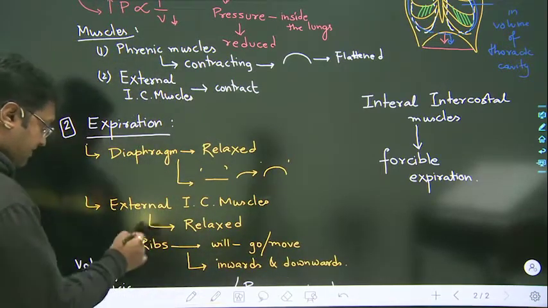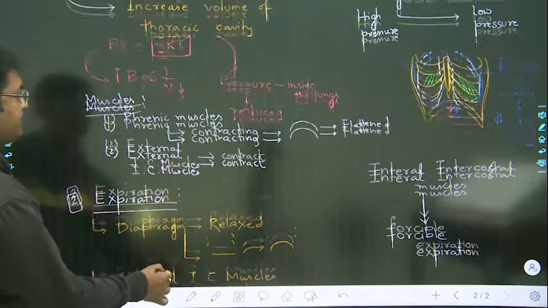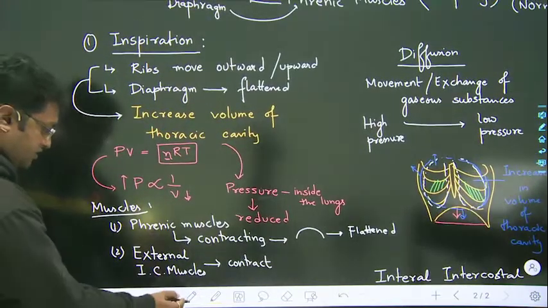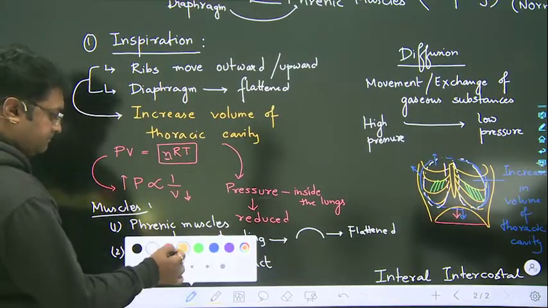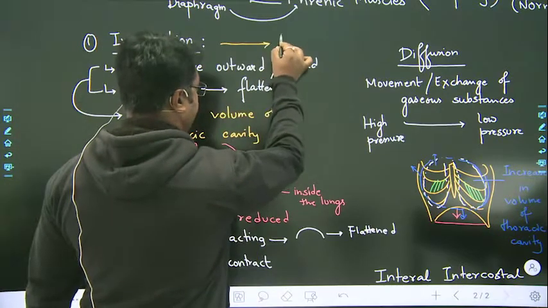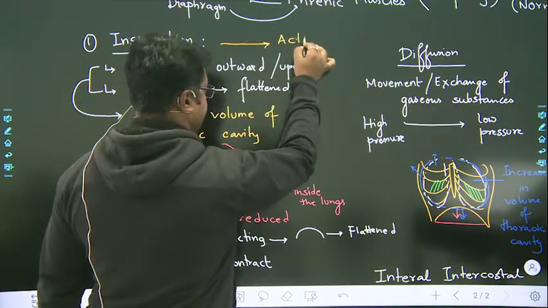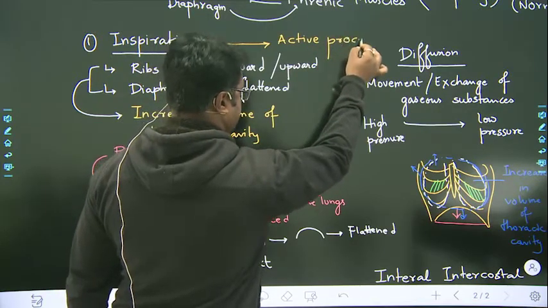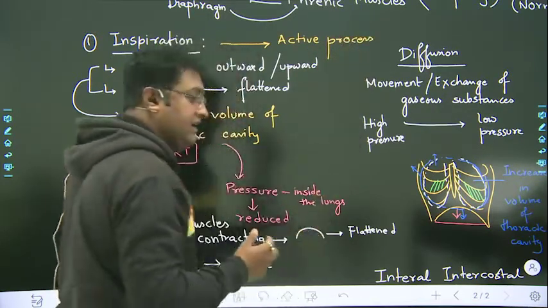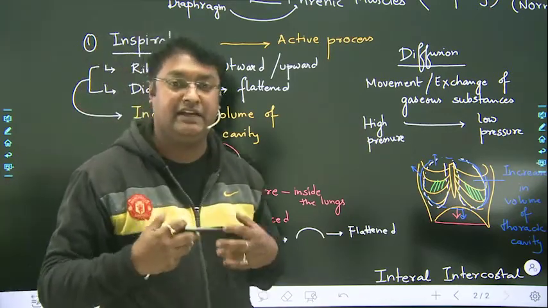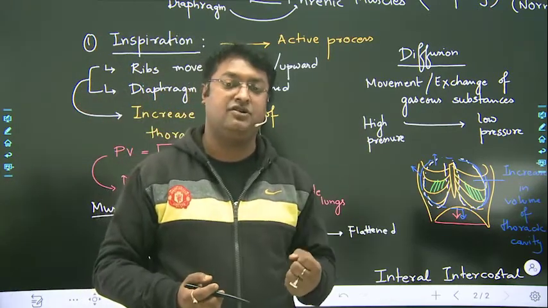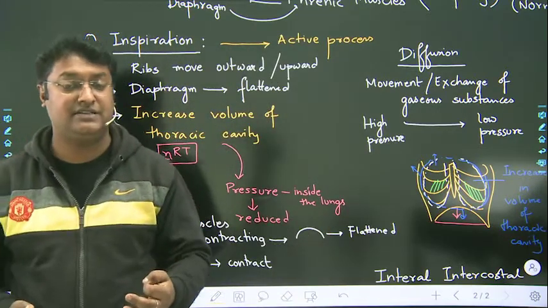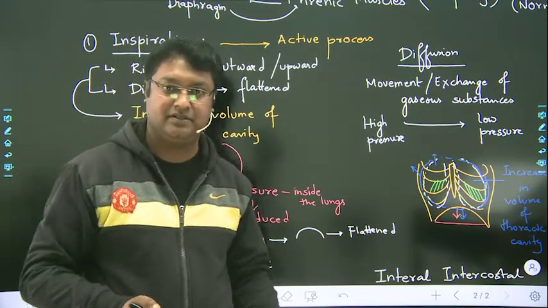So always remember that your inspiration will be an active process. Why? Because it will deliberately be using energy for the contraction of the muscles, that is your external intercostal muscles and the diaphragm muscles.